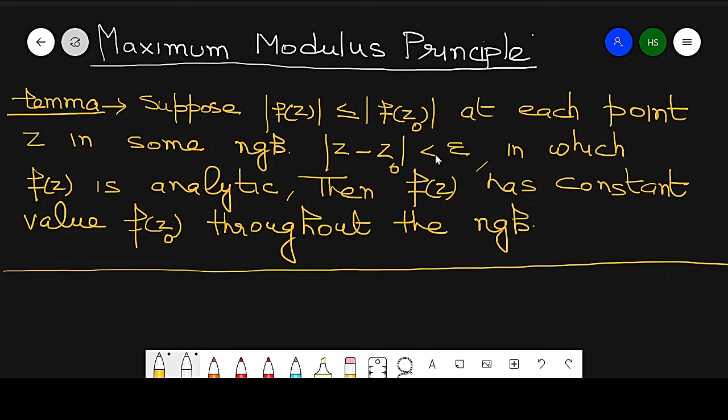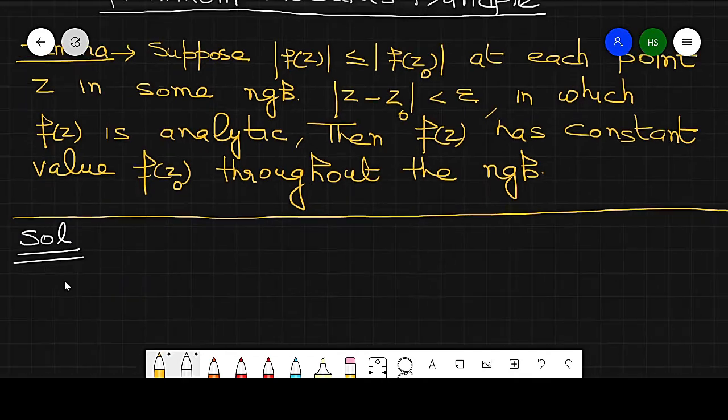Then our aim is to prove that the function f(z) has constant value f(z naught) throughout the neighborhood. Now, the proof of this lemma. So first, understand the statement.